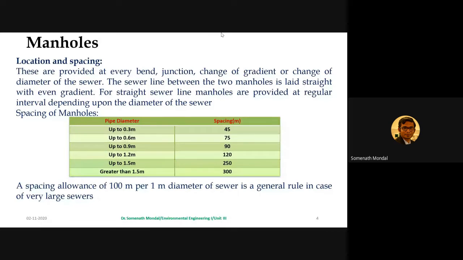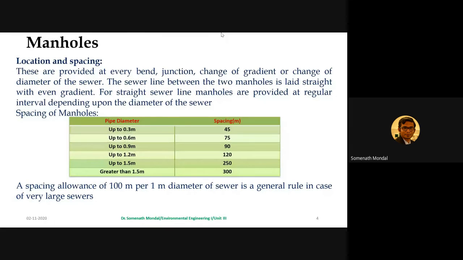Now, even when the sewer lines run straight, the manholes are provided at regular intervals. That is required. Why that is required, I have already mentioned, and you can relate to that. The spacing between the manholes in such a case depends mainly upon the size of the sewer line. The larger the diameter of the sewer, the greater will be the spacing between the manholes.